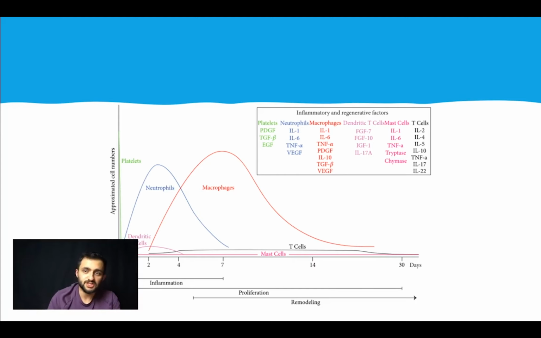So this just shows us a little bit about how we have neutrophils coming up first, okay? And then we also have macrophages coming in right as the neutrophils are starting to leave, okay? And then, of course, here we have the different cytokines and things that they release.